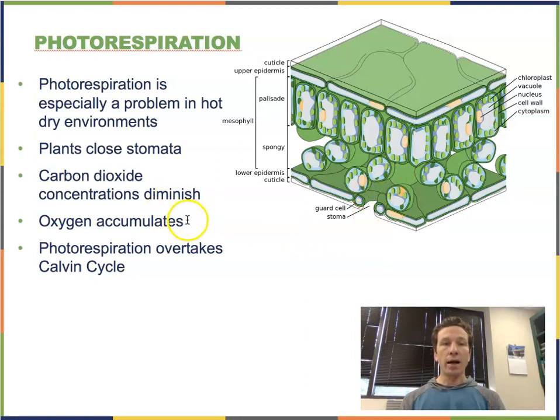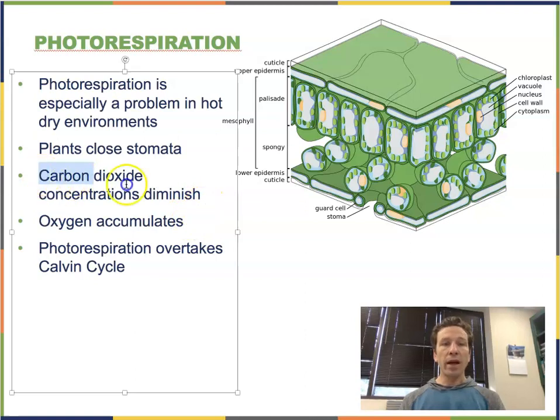That means on hot, dry days, the carbon dioxide concentration inside the leaf diminishes or goes down, while the oxygen concentration accumulates or increases. As a result, on a hot, dry day, initially maybe the Calvin cycle will happen, but as the day progresses, photorespiration will overtake the Calvin cycle and the leaf will start losing more carbon than it gains.